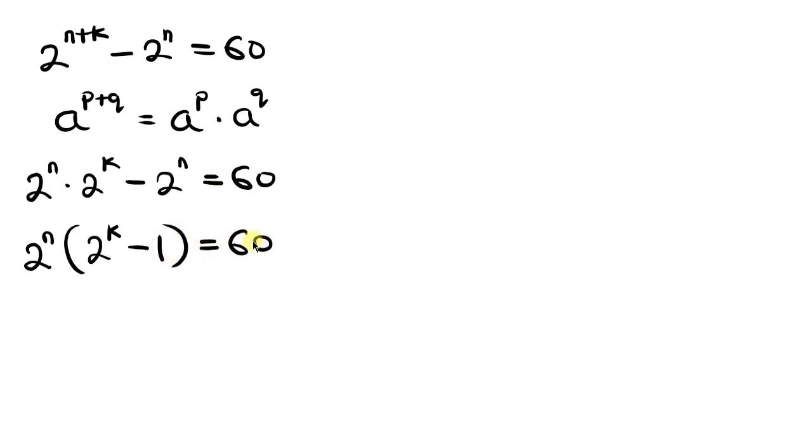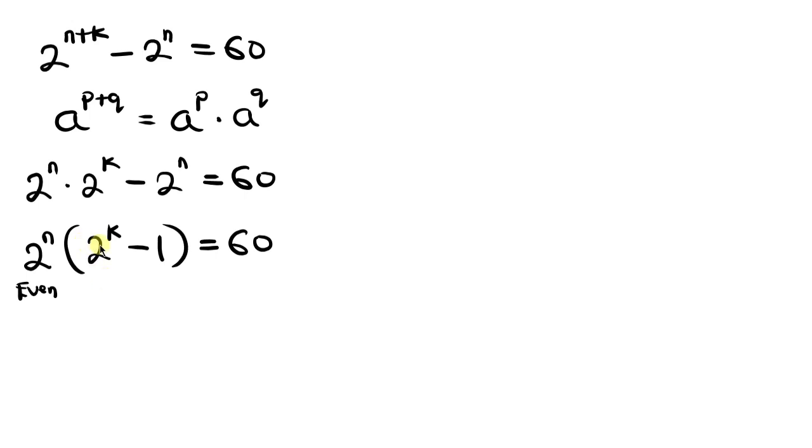Very good. Now, there is something we need to take into consideration: when I have 2 raised to a power, no matter the power, we're going to have an even number. So this factor is always even. Now, what about what we have inside the bracket?